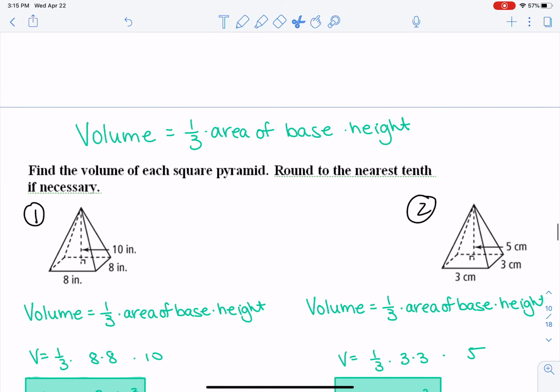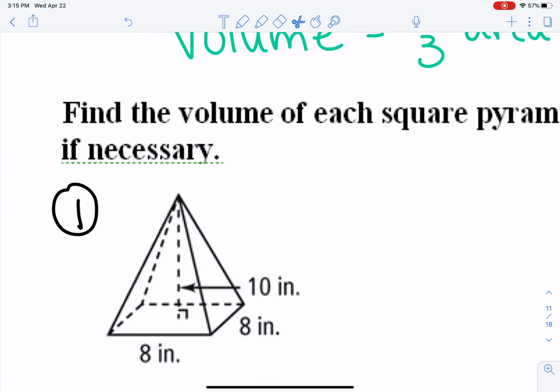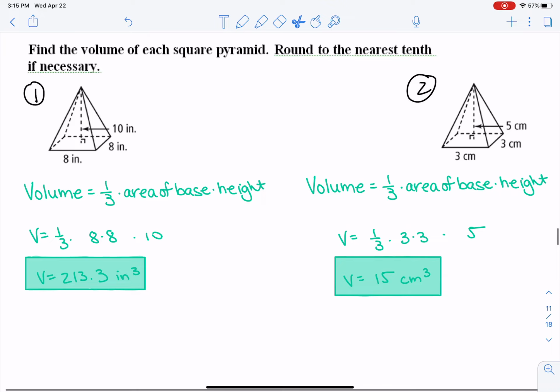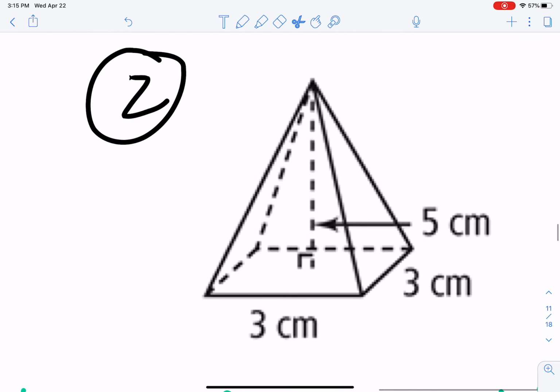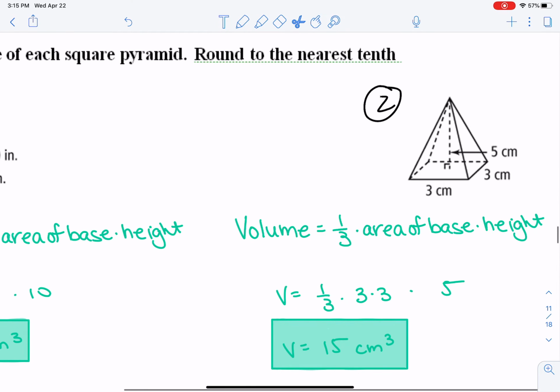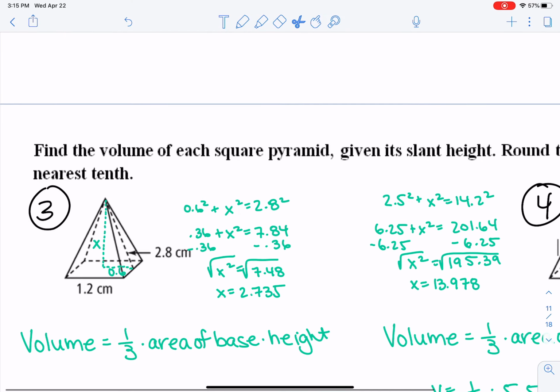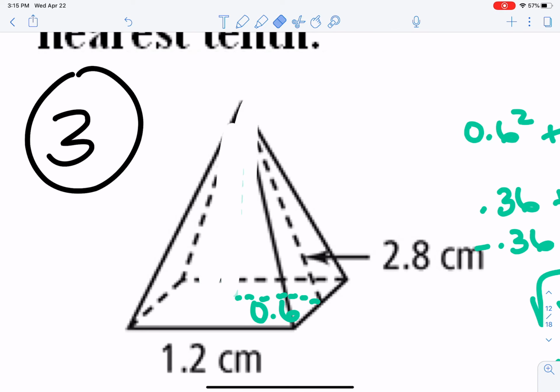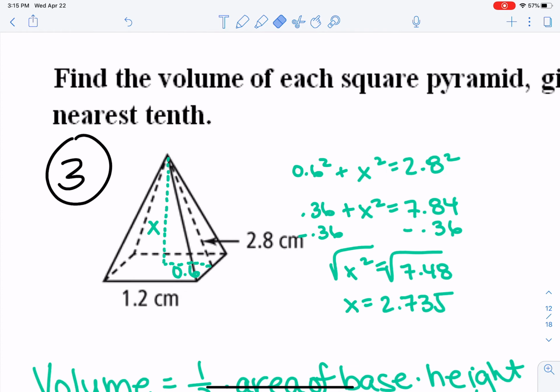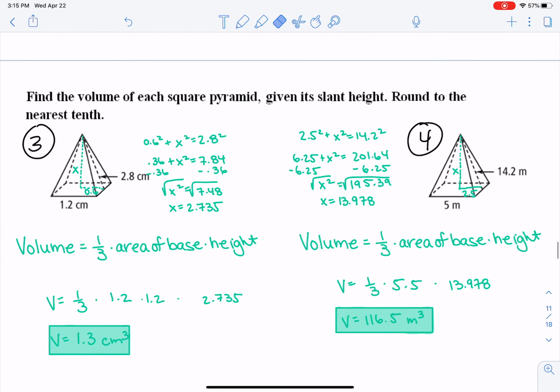So if you'd like to pause the video, here's number 1, and here's the answer. Here's number 2, and here's the answer. Here's number 3, and here's the answer.